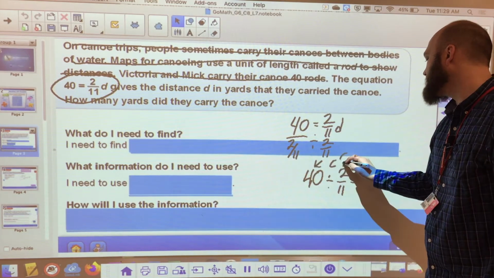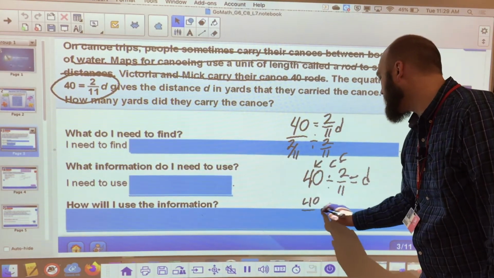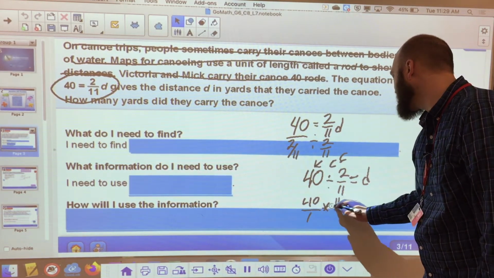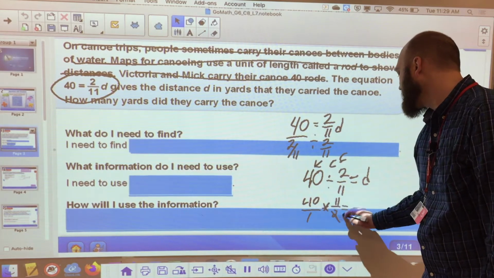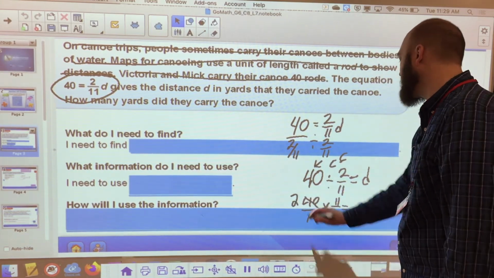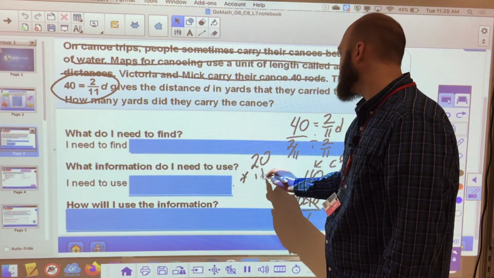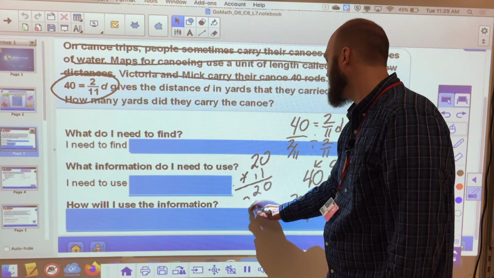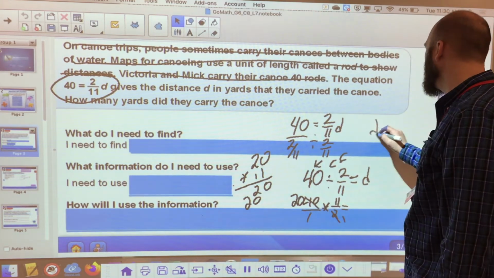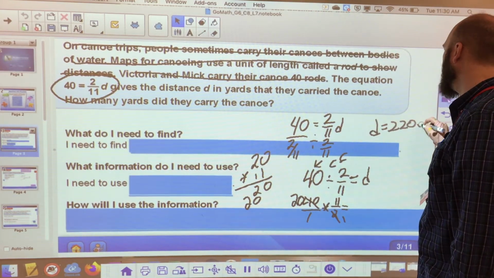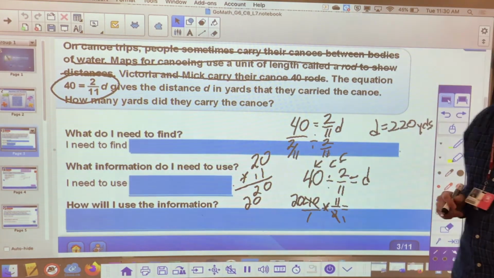I know: keep it, change it, flip it. I have 40 over 1 times 11 over 2. I'm going to simplify before I even get started here, and I end up with 20 times 11. And d is equal to 220, and I know that that's in the yards that they carried.